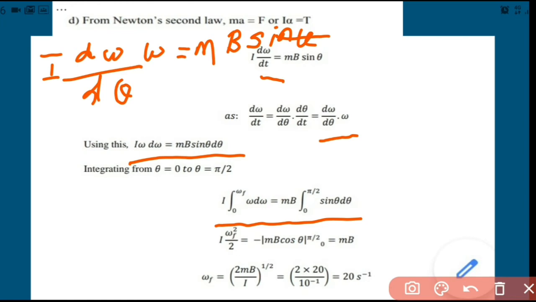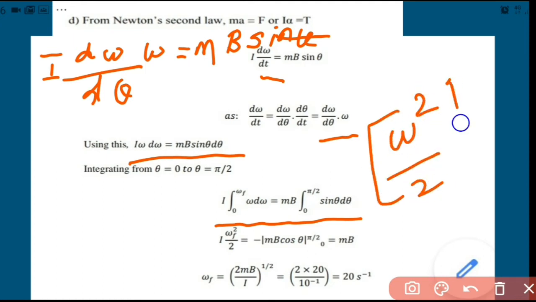When we integrate the left hand side, our result will be omega squared by 2 between the limits 0 and omega f. When we substitute the lower limit, that term becomes 0. So we have the left hand side as I into omega f squared by 2.